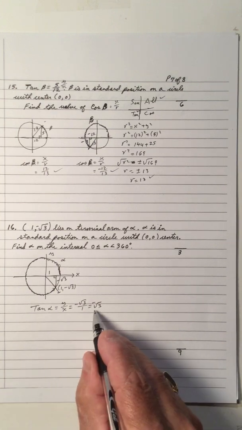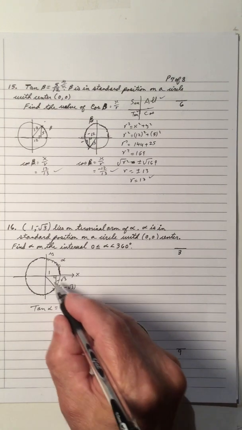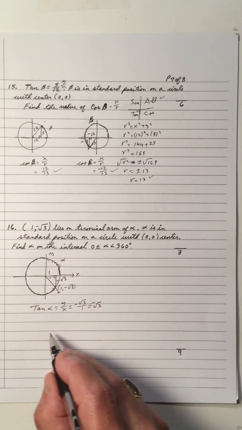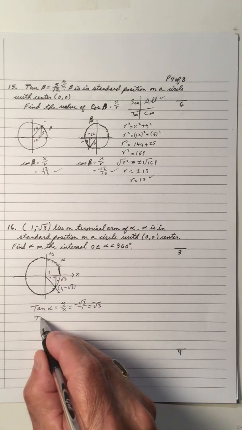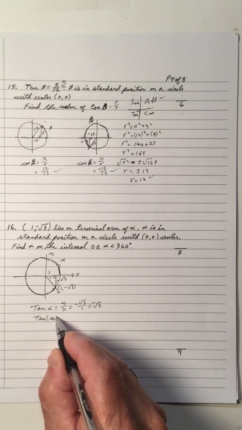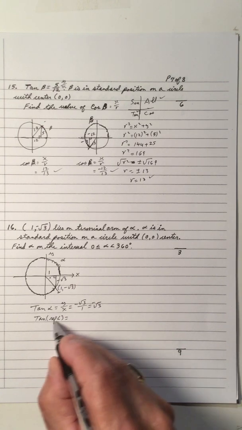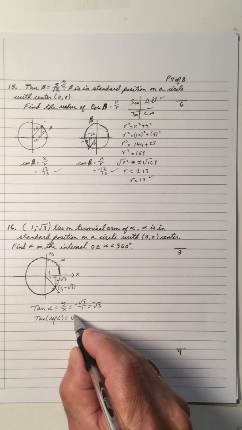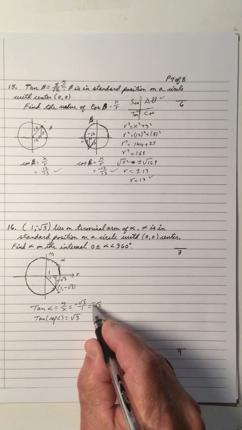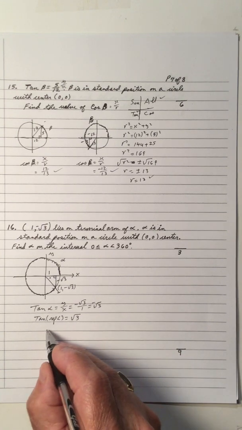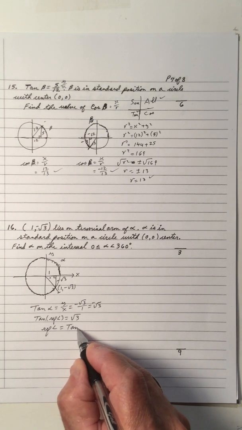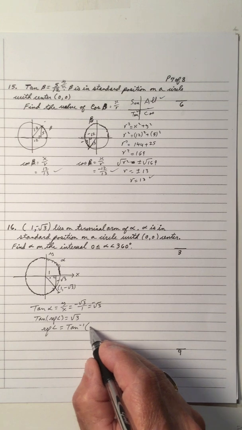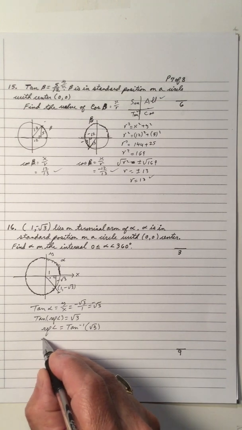So what we should do is find a reference angle. Alpha is a negative root 3, but when I put in the reference angle, I just keep the number positive. That means the reference angle is tan to the negative 1 of root 3.